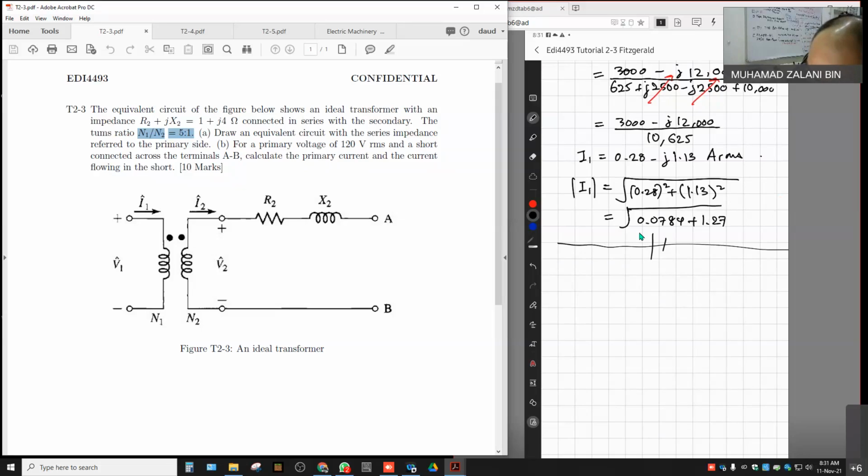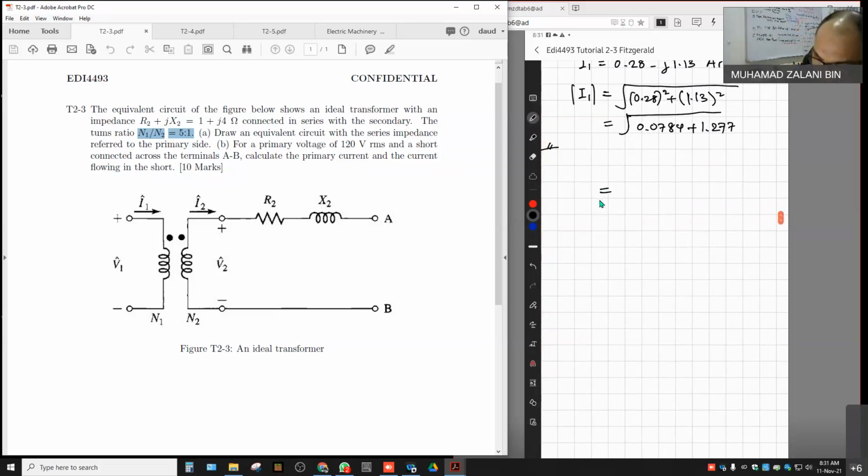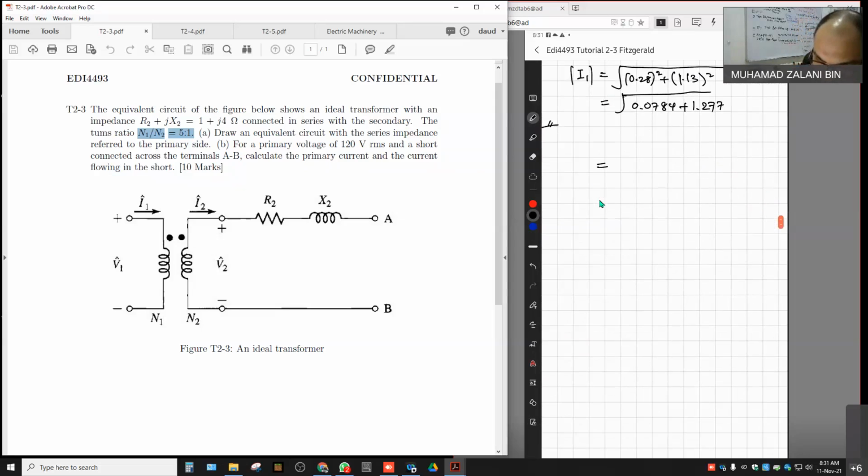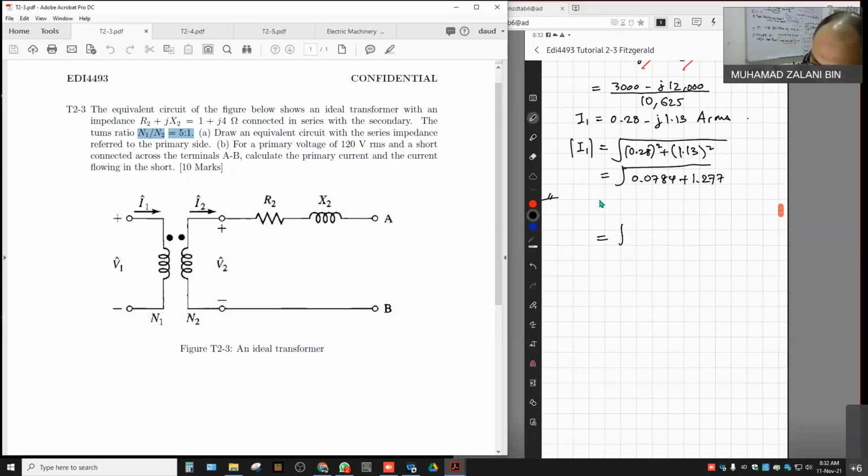Sebenarnya saya punya borderline tu. Ini saya punya borderline. Untuk bila saya convert ke PDF, saya perlu ada satu borderline kat situ. Kenapa dah boleh zoom lagi? Alright. So next, just continue.